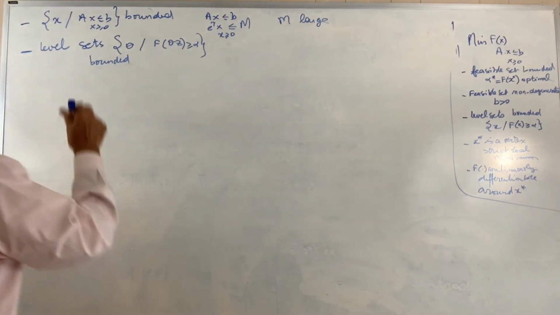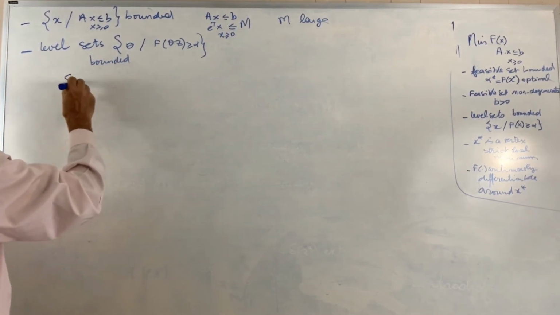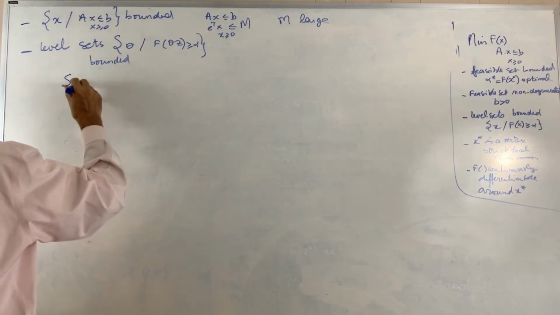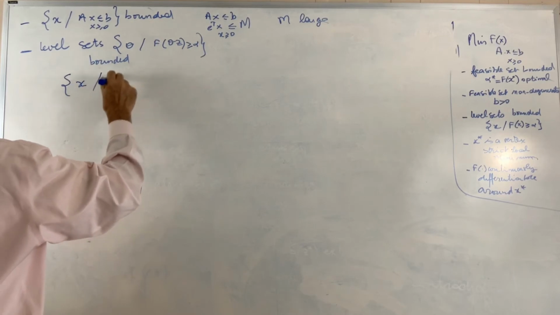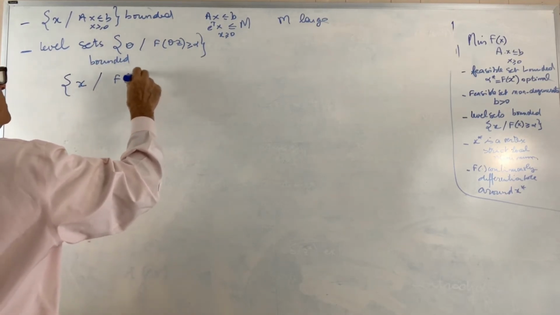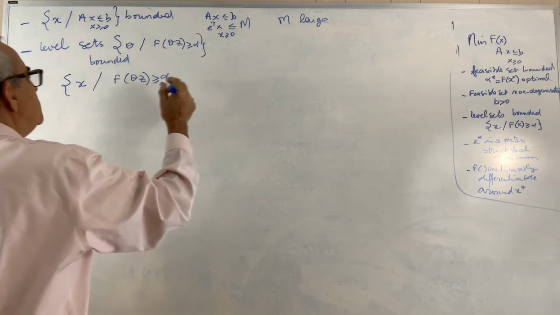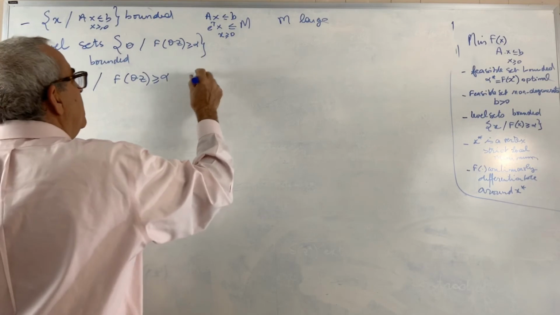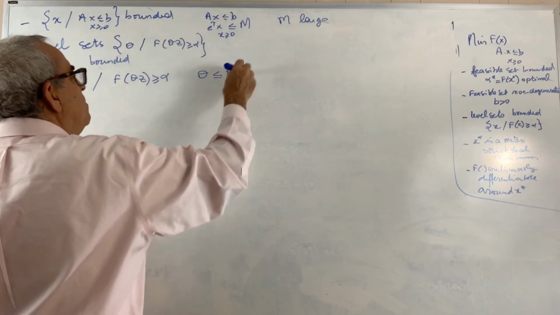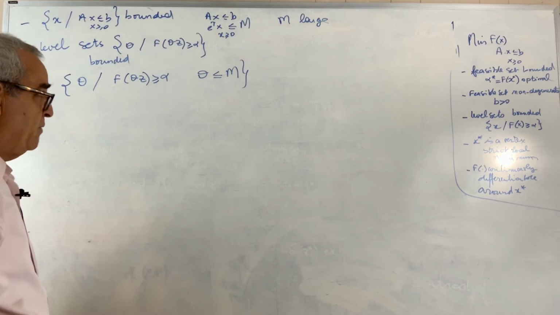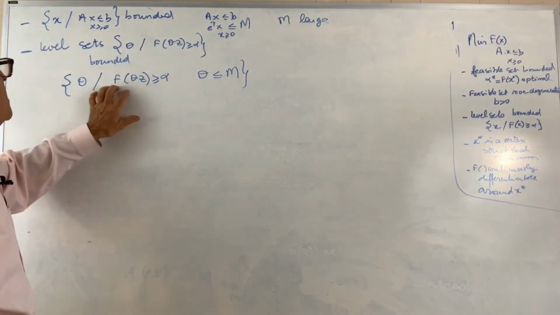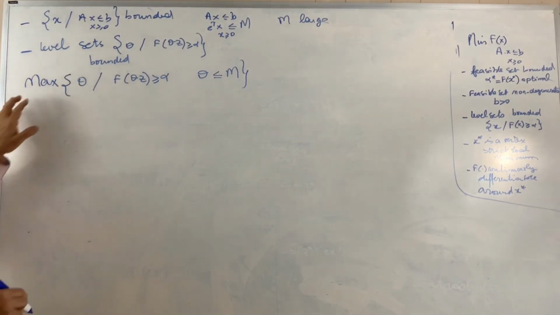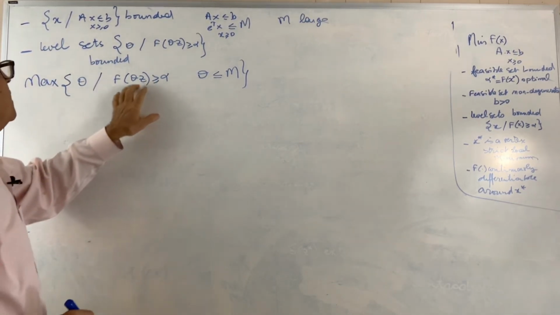Well, we could replace this with the set of x such that f of theta z is greater or equal to alpha, and we could put a limit, theta less or equal to big M, a big value M. Now, remember, at every iteration we do the maximum of theta such as this.